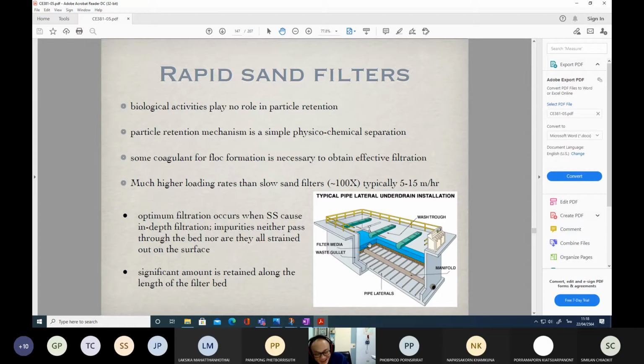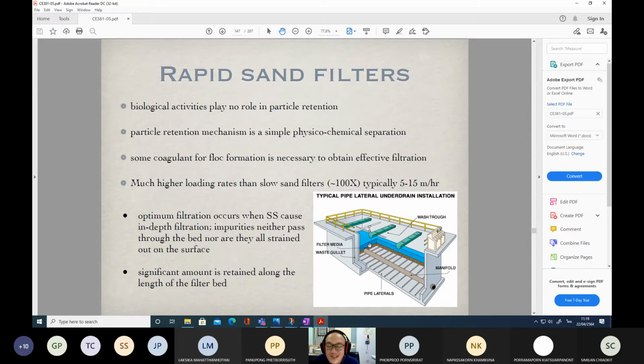If it is lower, the filter media in the rapid sand filter could last longer than 2 days, but at least once in 2 days or once in a day, we need to clean the filters.